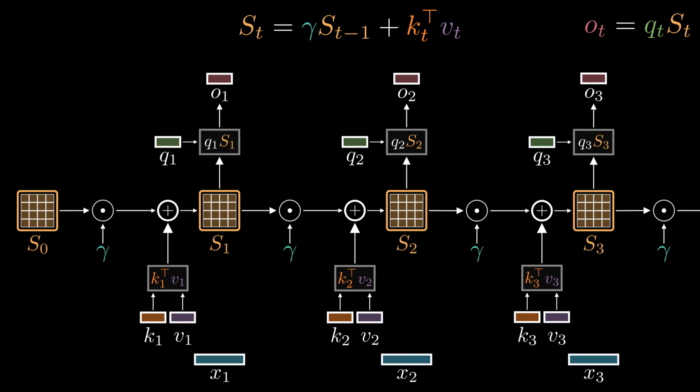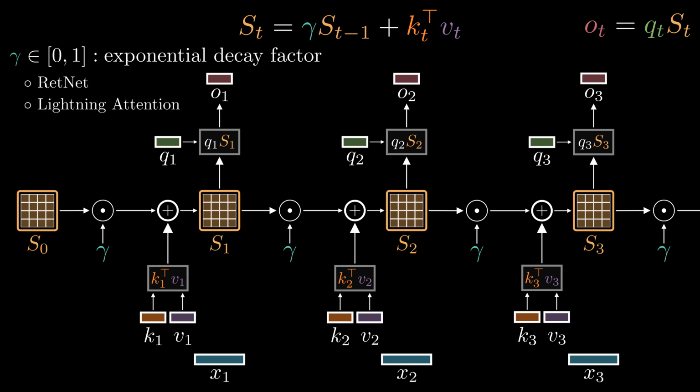With the decay factor gamma, we can express the state recurrence equation like this. Here, the value of gamma is a constant between 0 and 1, specifying the decay rate. This is used in RetNet and Lightning Attention. But setting the right value of gamma is challenging and likely task-dependent.